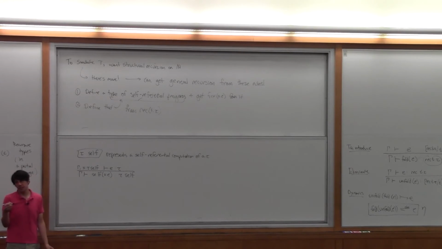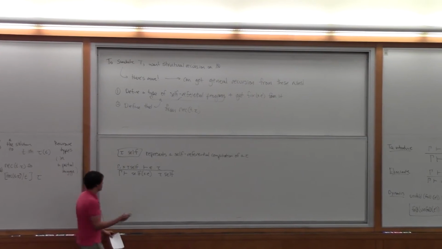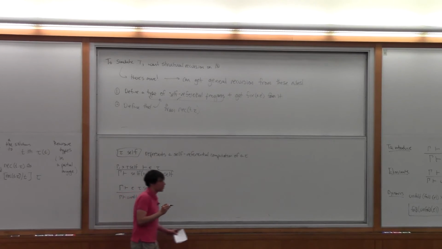So to make a self-referential computation of a tau, what you get to assume is a self-referential computation of a tau. Okay? If we have one, then we can unroll it and get an actual tau.